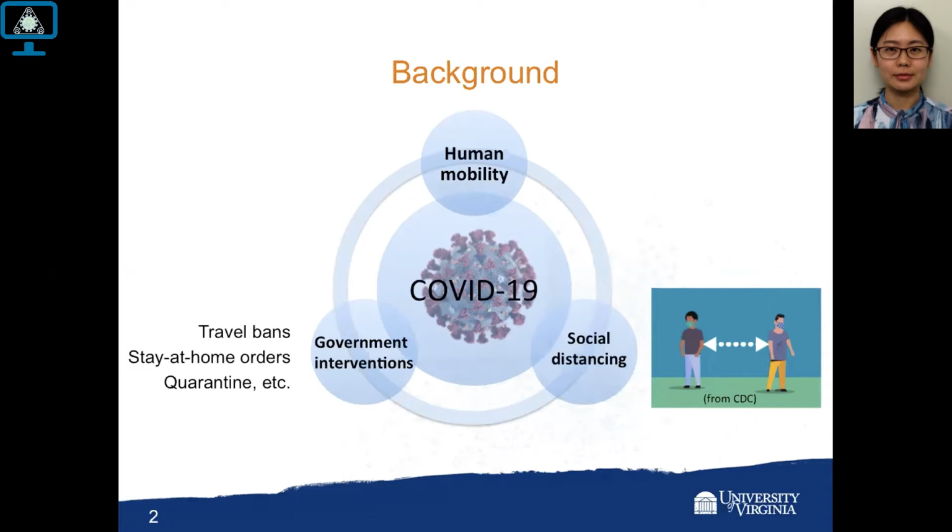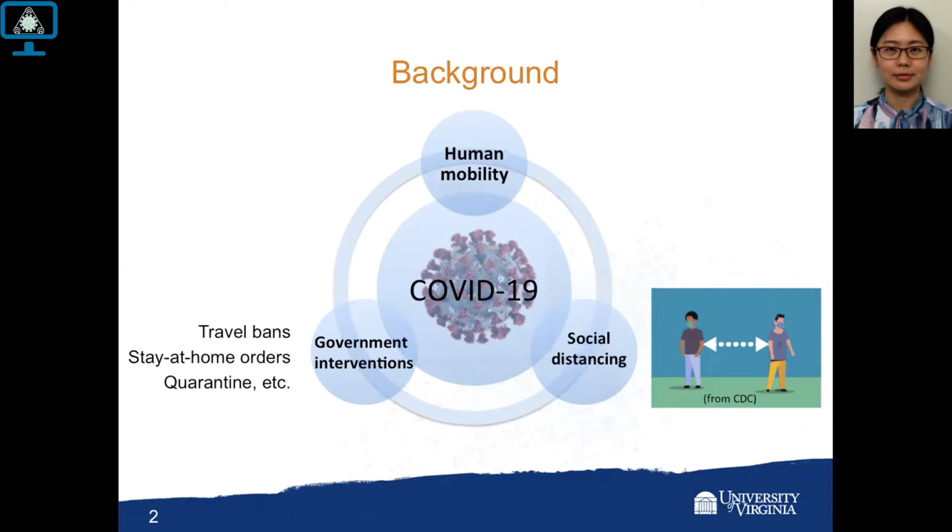Interventions such as travel bans, stay-at-home orders, and quarantine have dramatically changed human mobility in various ways. And inversely, the changes in human mobility also affect COVID-19 dynamics in multiple ways.